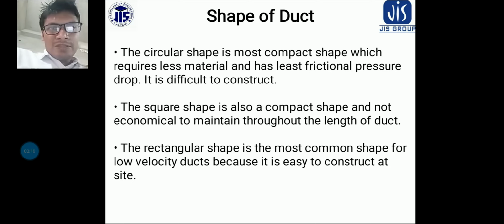In the case of square or rectangular duct, the most common shape is the rectangular duct, and for low velocity duct we mainly use square shaped duct, because it is user friendly.